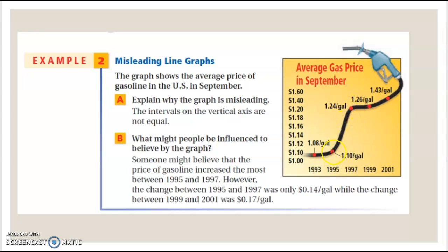That right there is only 14 cents difference between them. 126 to that's 17 cents difference. But it looks a whole lot different on that other one. That other one looks minimal compared to this. So when you start messing around with your intervals, it starts being a misleading graph.